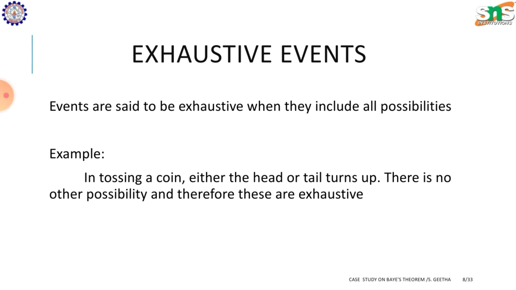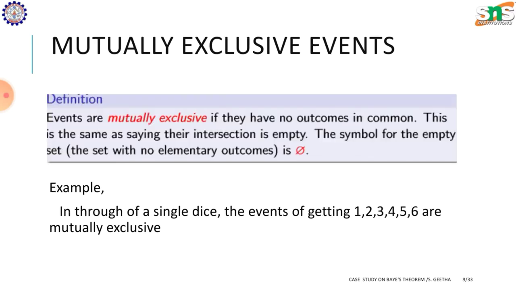Next, exhaustive events. Events are said to be exhaustive when they include all possibilities. For example, in tossing a coin, either the head or tail turns up. There is no other possibility and therefore these are exhaustive. Next, mutually exclusive events.